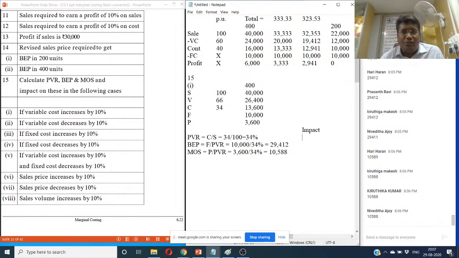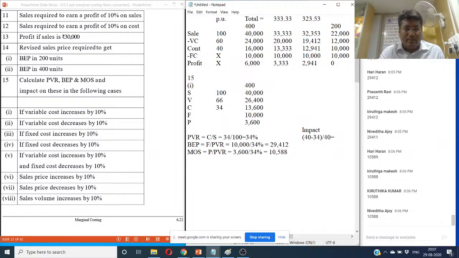Impact is nothing but the change represented in terms of percentage. Originally, the PVR is 40. Now, the revised PVR is 34. What is the change in value? 6 changed from 40. Original is 40%, currently it's 34%. 6% is reduced out of the base of 40.